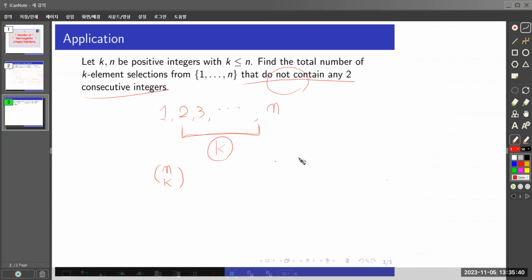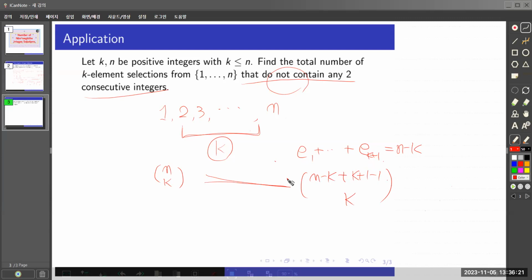Because we already used k integers, only n minus k integers are left, and then we want to distribute them. So by applying the idea of the previous slide, that's n minus k plus, we have k plus one distinct boxes, which means we have k bars, minus one, and then you want to choose k. So this also exactly matches n choose k.